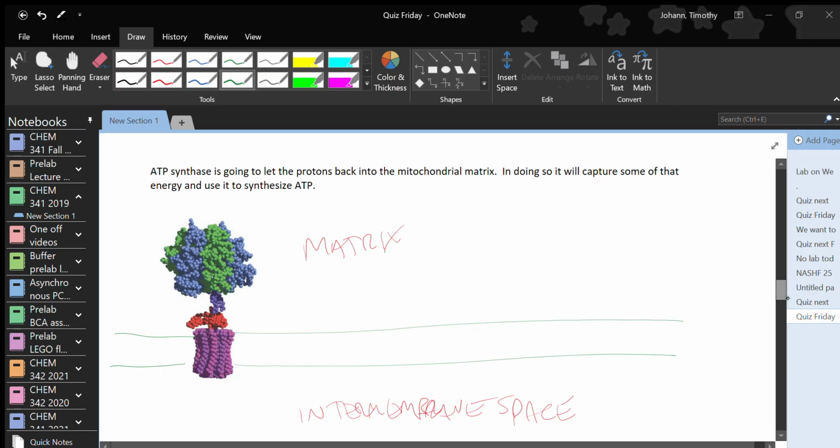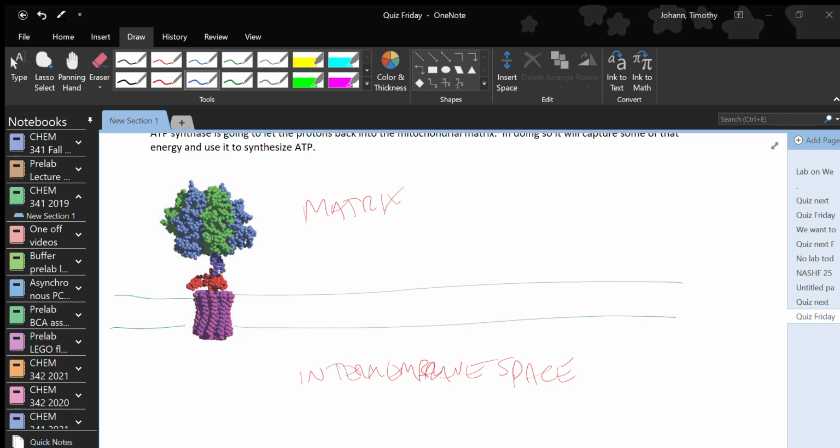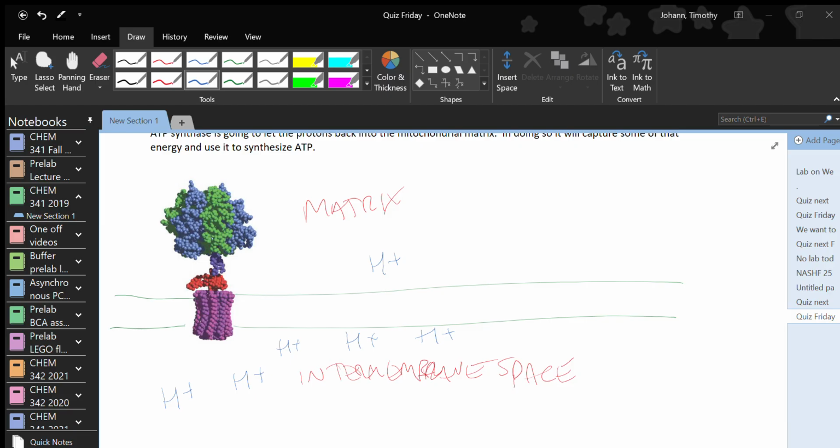And so what we haven't emphasized here, but there's going to be a big difference in protons. There's going to be a bunch of protons out here and not many in here. All right, so we're going to have a difference in the number of protons here.